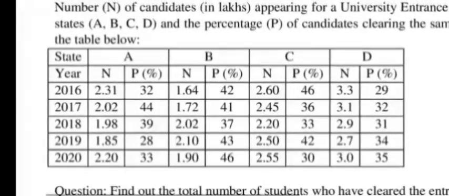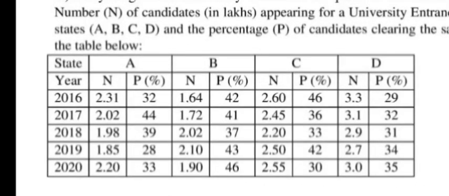You have to study it very carefully, meticulously. The years are 2016, 2017, 2018, 2019, then 2020. For states A, B, C, D, these 4 boxes are given, N, then P, then N, then P. So like this, in all boxes you will get. I will just read it randomly, but you have to be focused. 2.31, 2.02, 1.98, 1.85, 2.20.